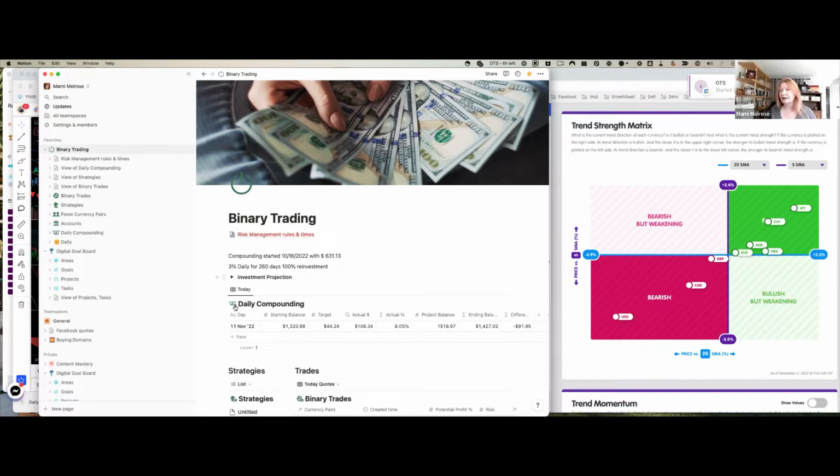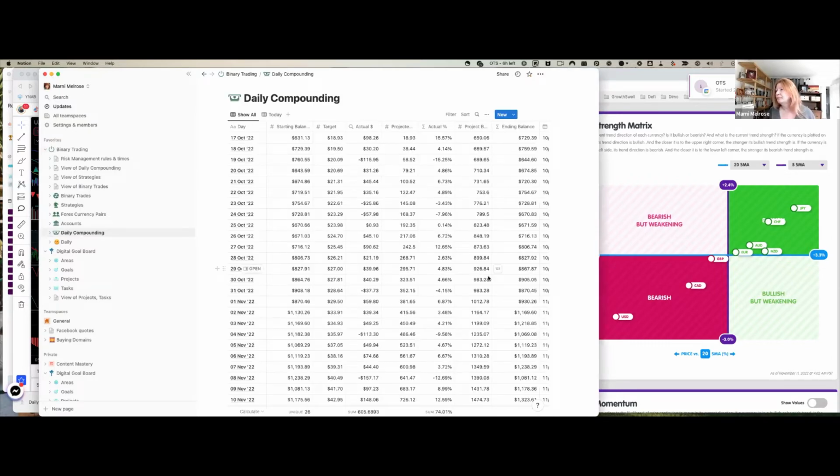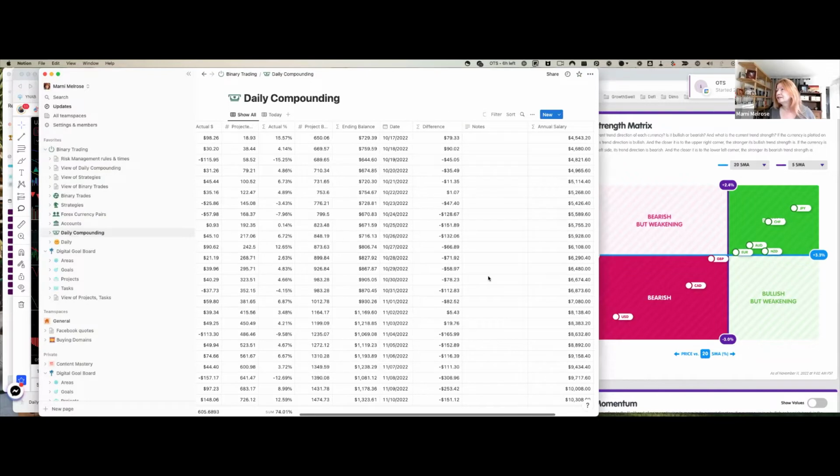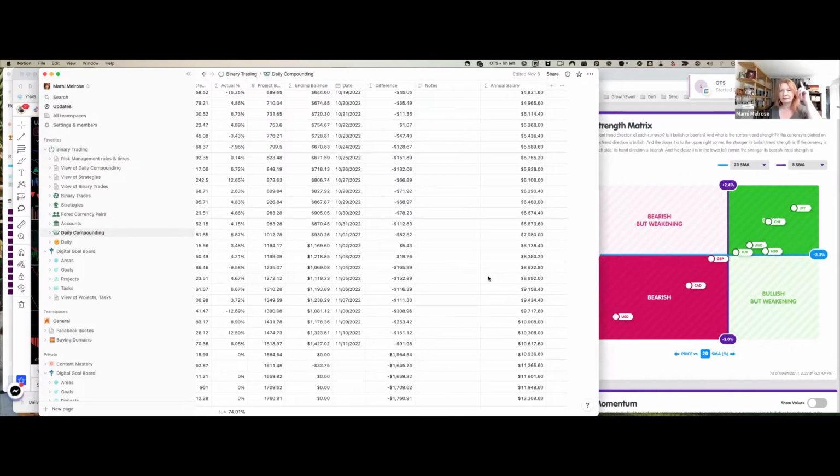And then again, we went through this, but kind of a high level, just so that you know what's going on here. So I put that projection in here. And again, past performance does not indicate future performance, you know, like here, I'm having a really bad day. I'm struggling.